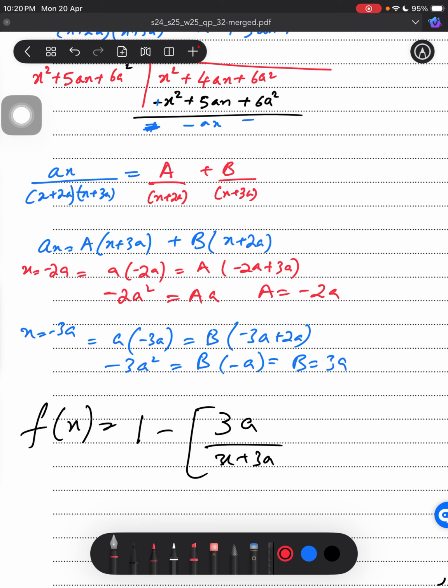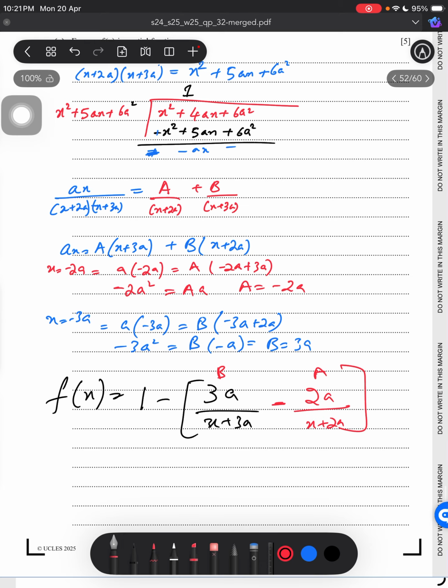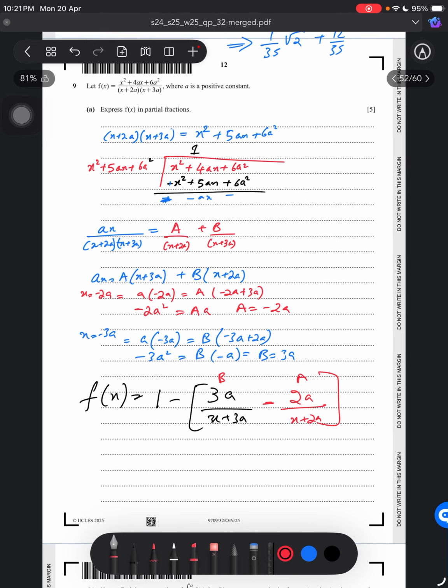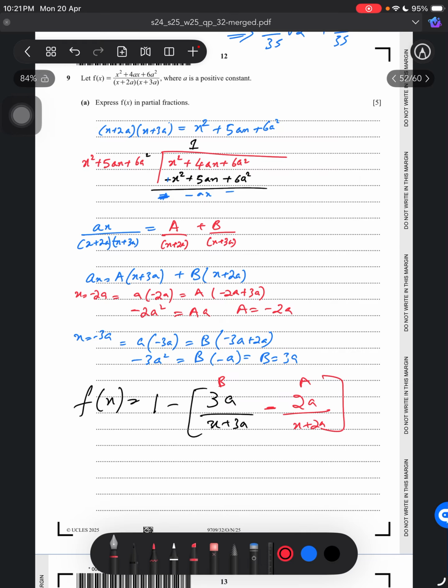Since we have that number negative, that would be great, 2a, so plus A over x plus 2a. That can be the solution, yes. Okay.